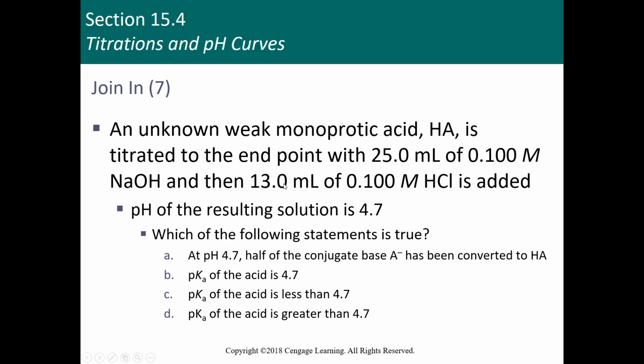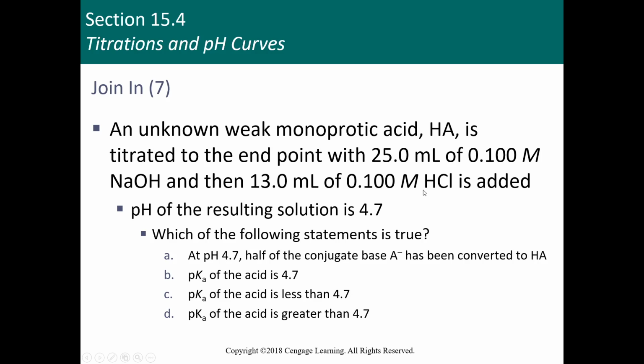And so this actually ends up undoing a little bit more than half of this titration, doesn't it? Because we can also just react these, the NaOH versus the HCl, these will react away. So we react it with the base first, then we undo a bit more than half, 13 instead of 12.5, of that titration by adding HCl.